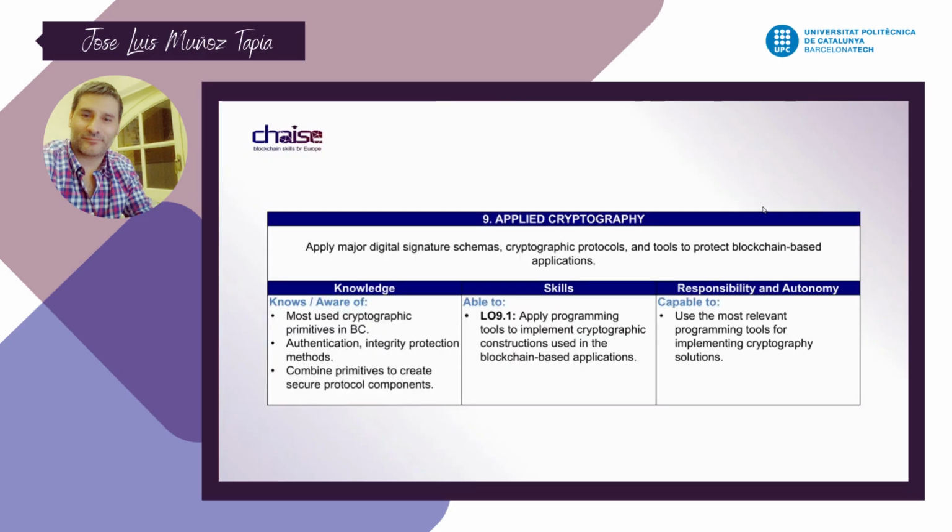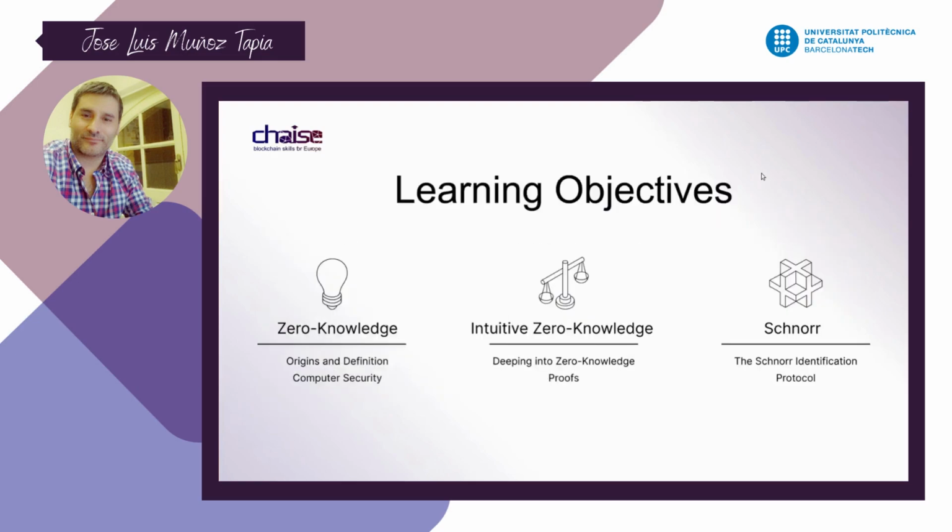The idea here is that the outcome of this lesson is that you know the basics of zero knowledge, that you have some intuitions, and also some knowledge about the basic Schnorr identification protocol.